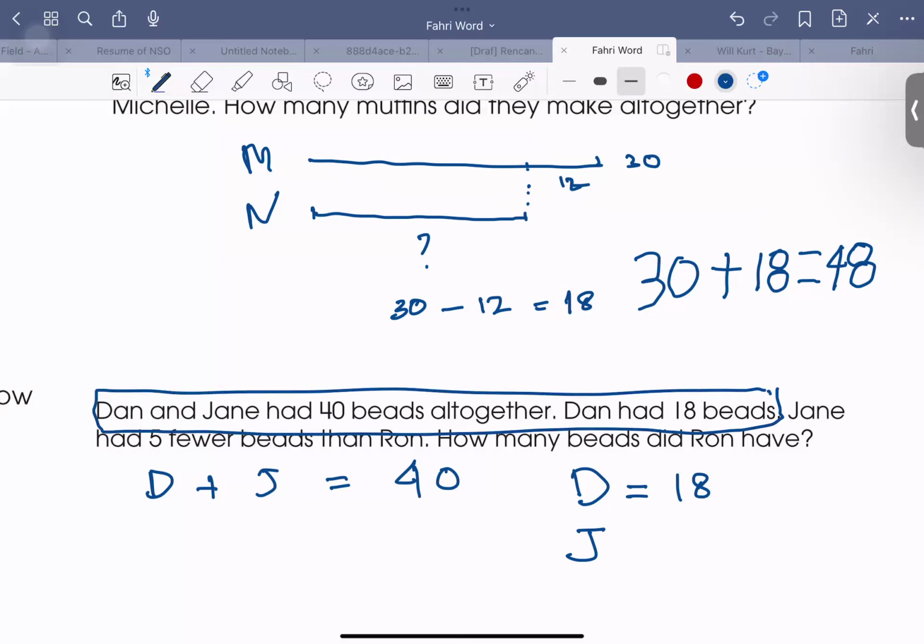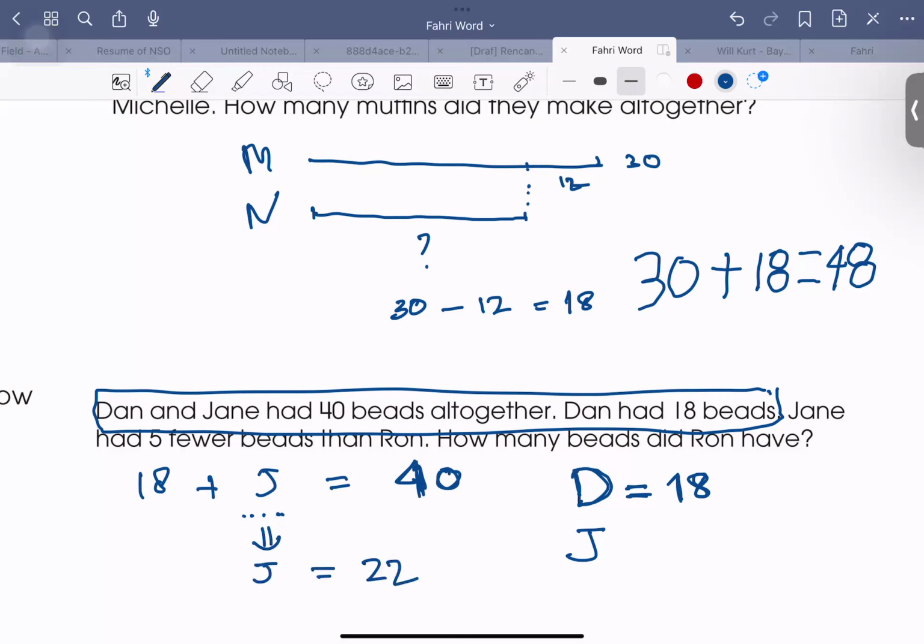Dan plus Jane had 40 altogether, and you get the new information that Dan had 18. So we can change our mathematical statement here: Dan equals 18, 18 plus something equals 40. So Jane must be 22.